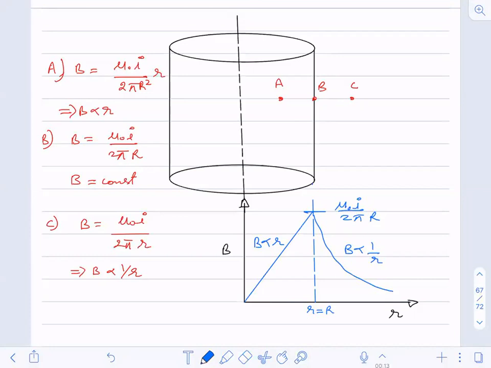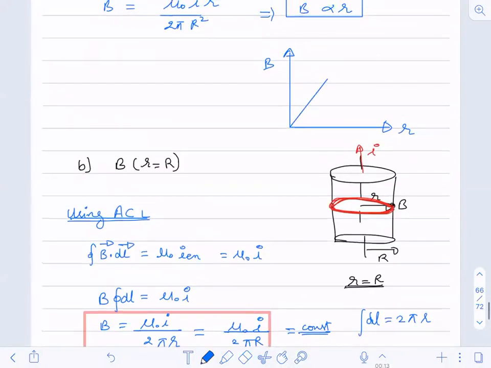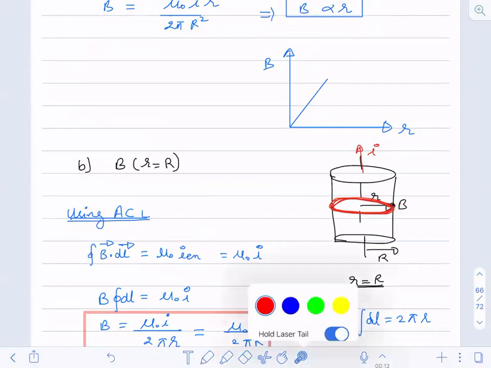How is small r equal to capital R? I've taken that point, no? See, r is just a distance, R is just a distance. When I take a point on the surface over here, what will be the value of small r?